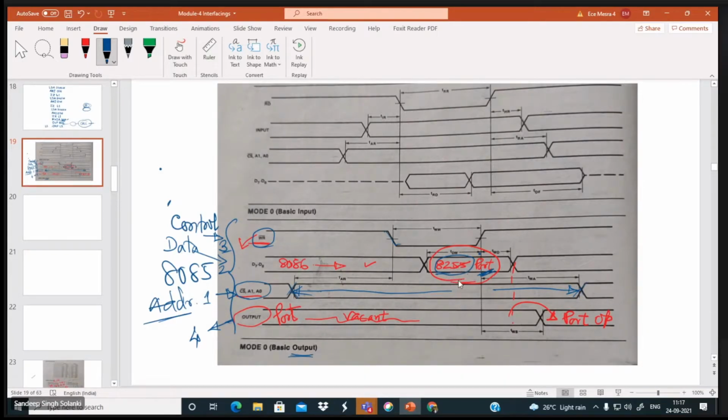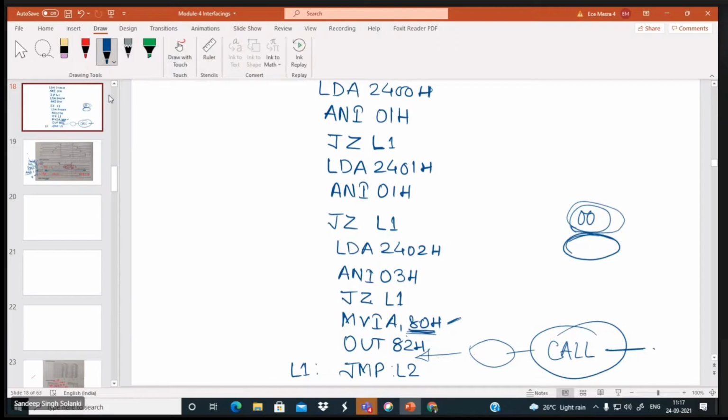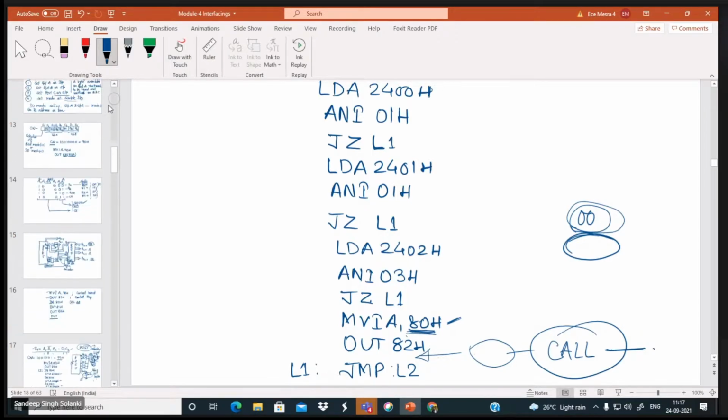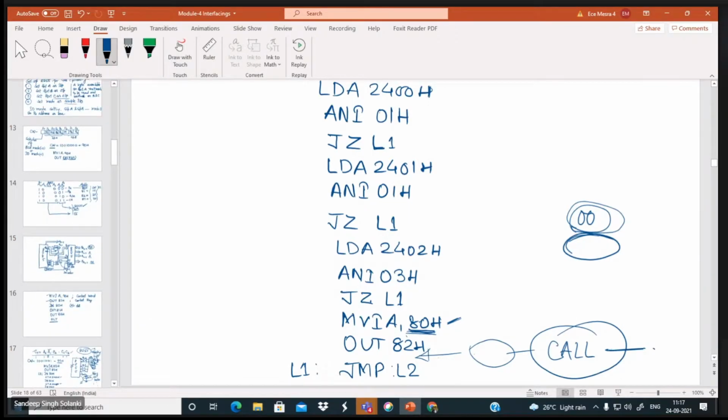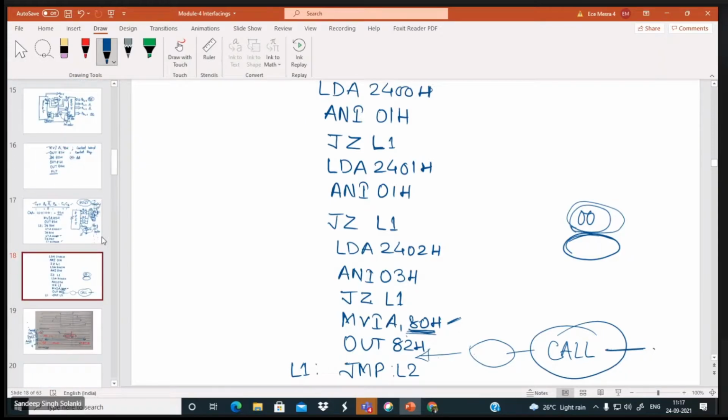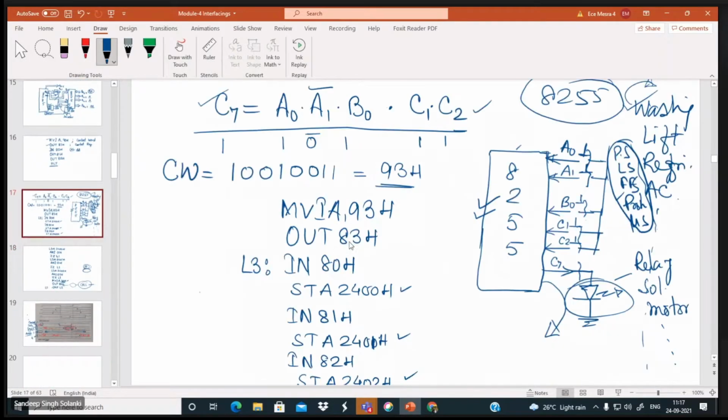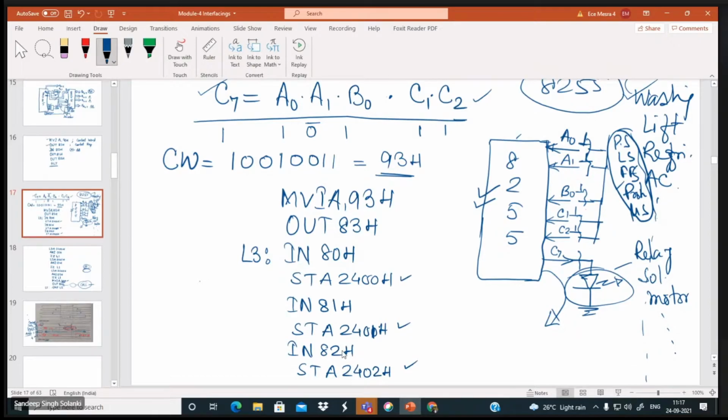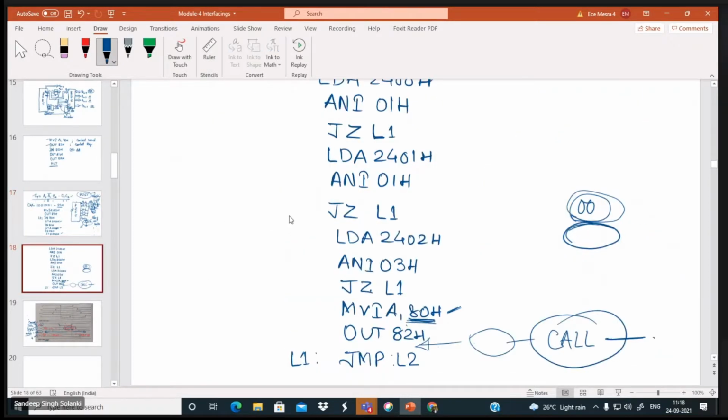Okay, so here is the writing of data. Suppose the process is going on with out MBI 80 and then out 82.